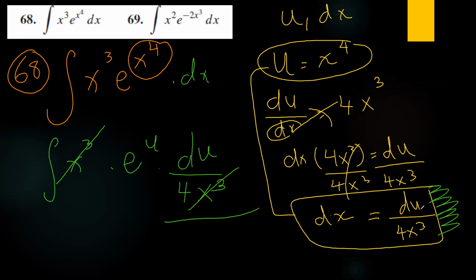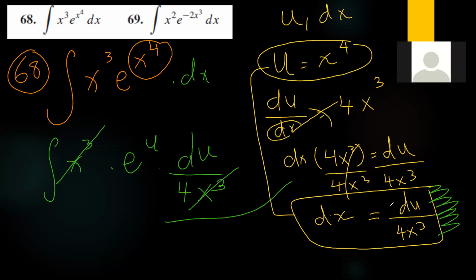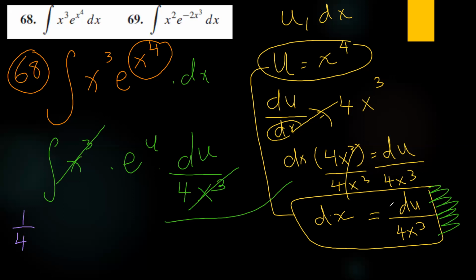So what did we have now? We have it now as 1/4 integration of e to the power u du. And the integration of e to the power u is e to the power u. So it comes like 1/4 e to the power u plus c.